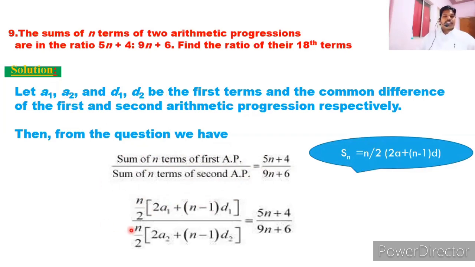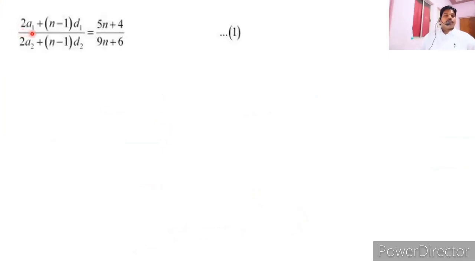So the sum of n terms of the second arithmetic progression is n by 2 into 2 a2 plus n minus 1 into d2. That is equal to 5n plus 4 by 9n plus 6. Here n by 2 will be cancelled. So we get 2a1 plus n minus 1 into d1 by 2a2 plus n minus 1 into d2, equal to 5n plus 4 by 9n plus 6.